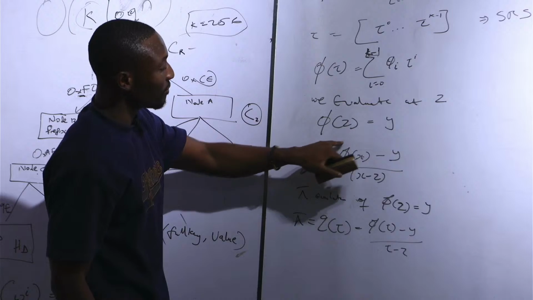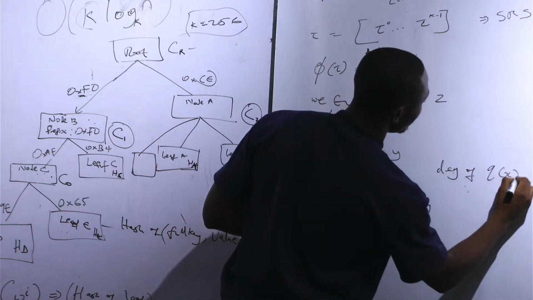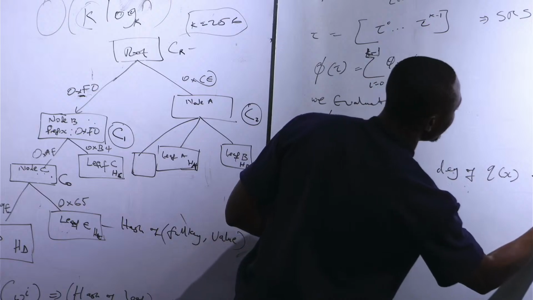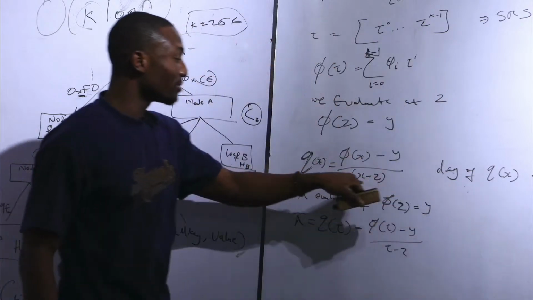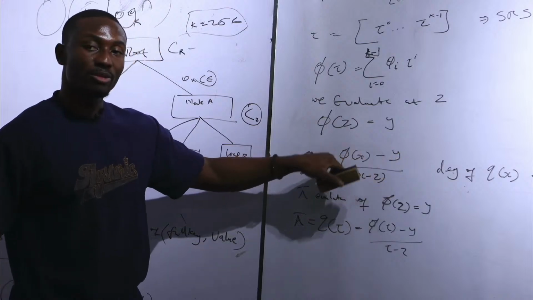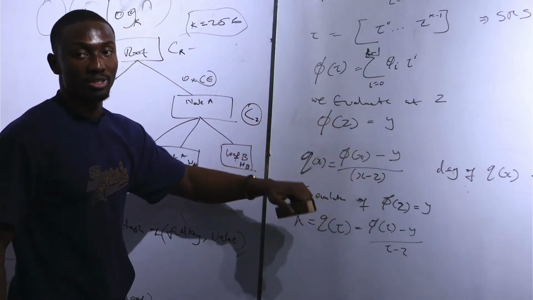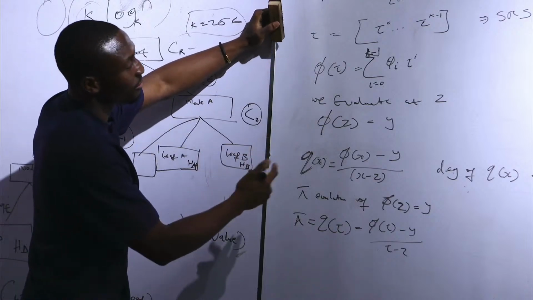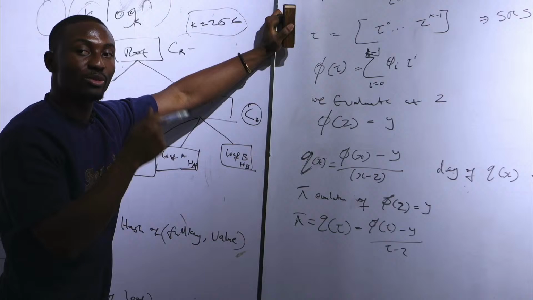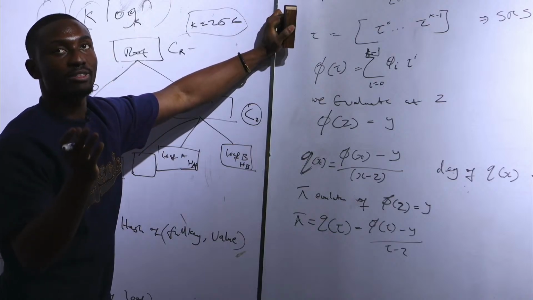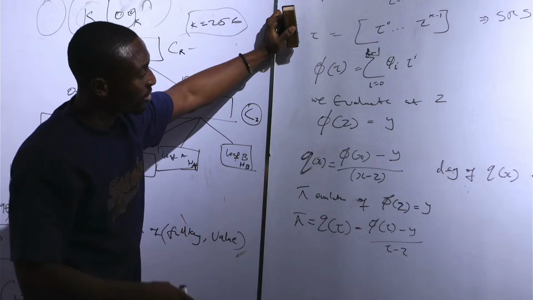The degree of q of x is less than the degree of phi of x by 1, because this is just one factor of this polynomial. Remember, if you divide a polynomial by one of these factors, you get a polynomial reduced by one degree, because you have removed one of the roots.